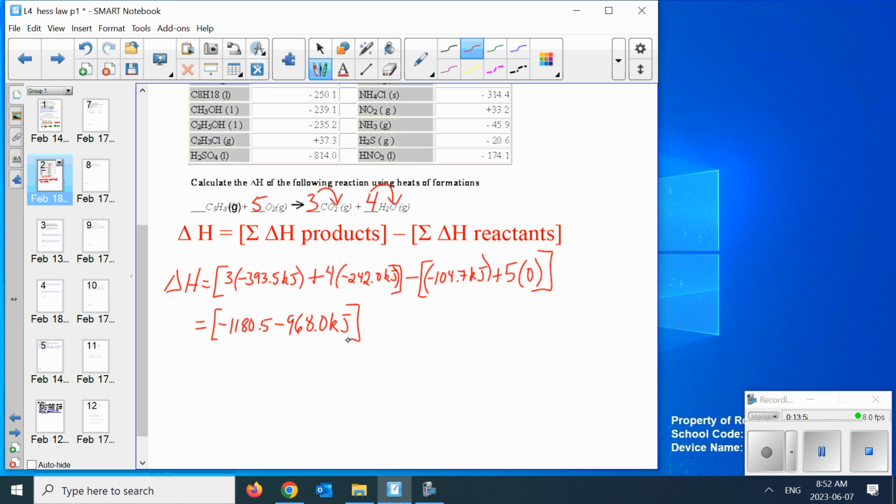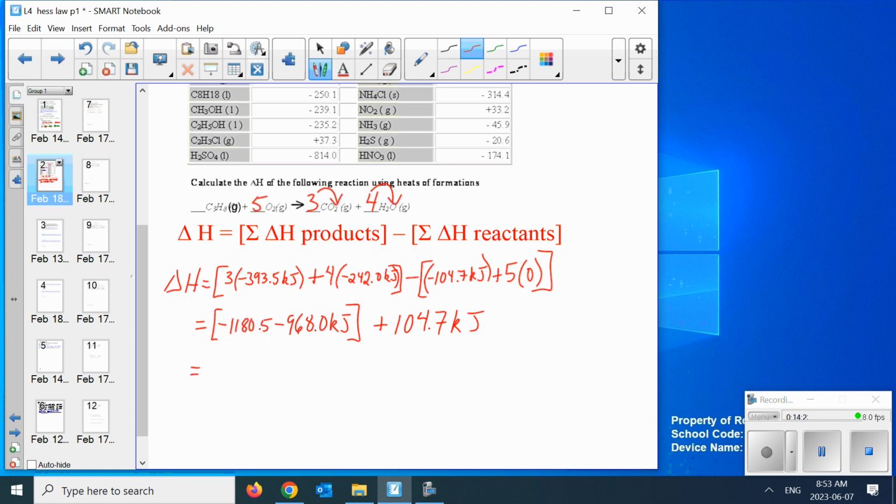Now this one, there's no arithmetic to really do in the second bracket. It's minus negative 104.7 kilojoules. Minus a negative is actually added: 104.7.